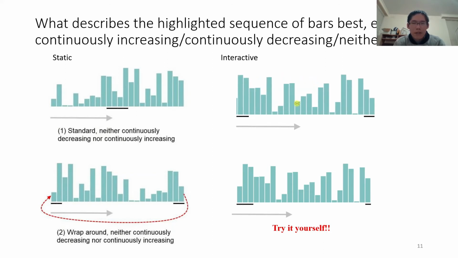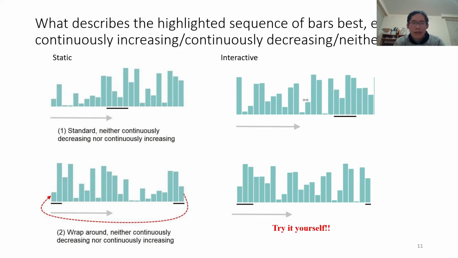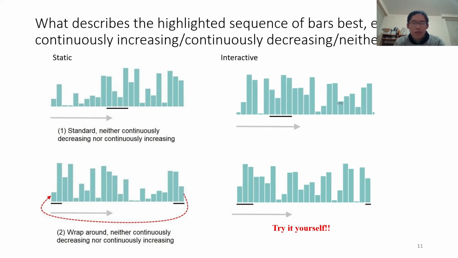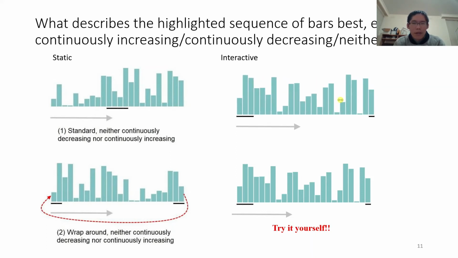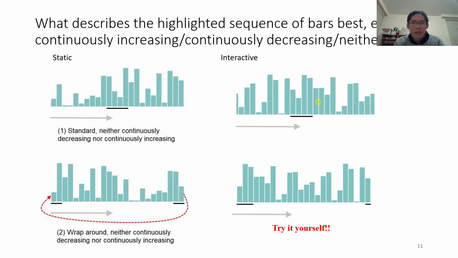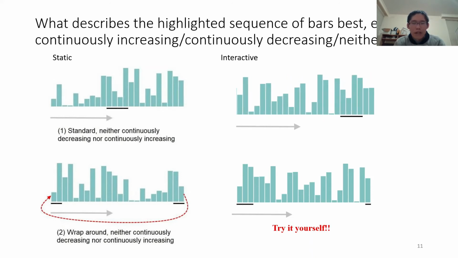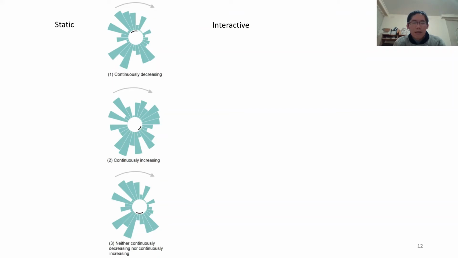Similarly, animated examples are given to participants, which demonstrate interactive wrapping. An identical example is provided for participants to try themselves. For polar charts, the setting is the same.